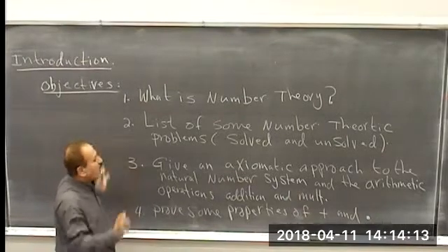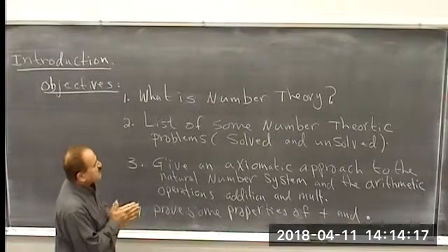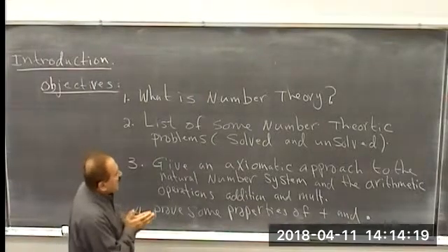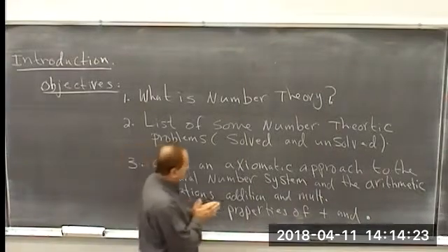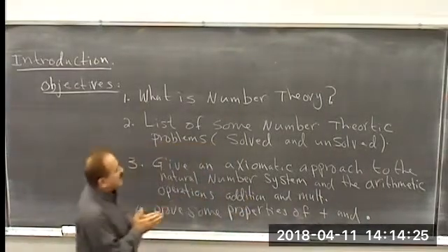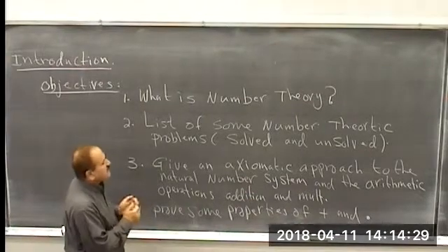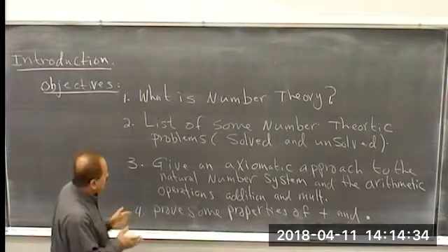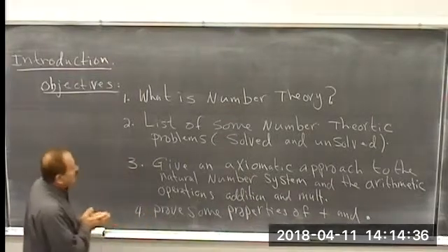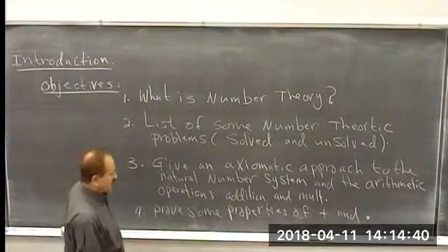We can build the whole number system, as you know it, from these 5 axioms. Then we're going to define the arithmetic operations of addition and multiplication, and of course you can extend that to define subtraction and division. Finally, we're going to prove some properties of these 2 operations.